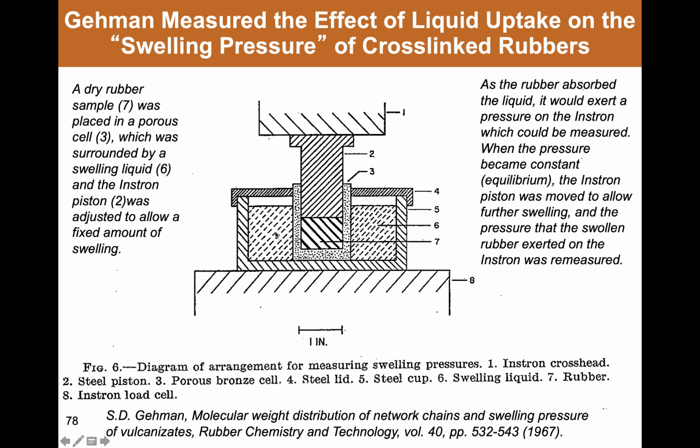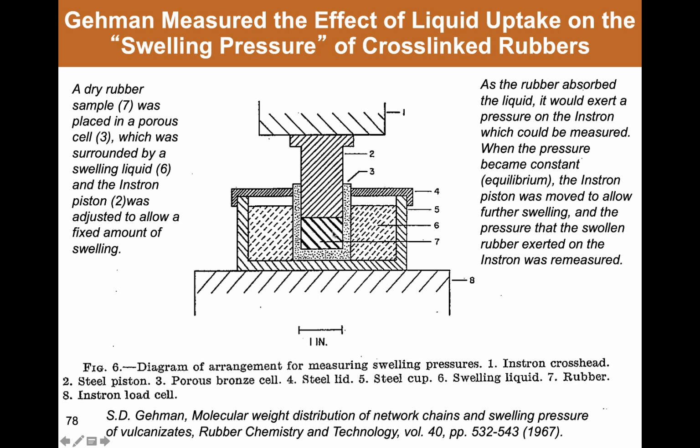And so what happens is, as the polymer sample absorbs solvent, the hydrostatic pressure builds up inside the polymer, and this can be detected with an Instron. An Instron is a device with a force measurement device that can be used to sense the force exerted per unit area by this sample.